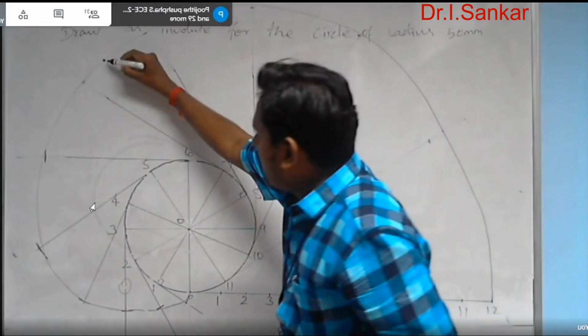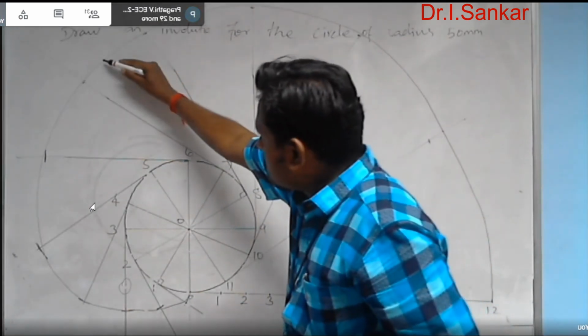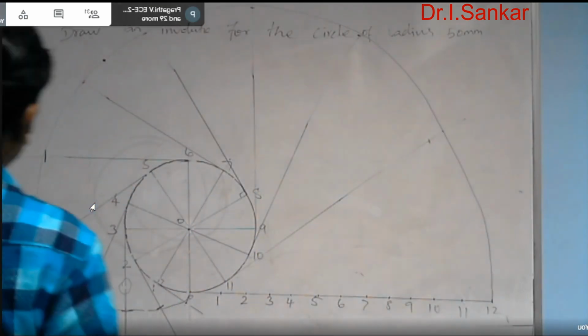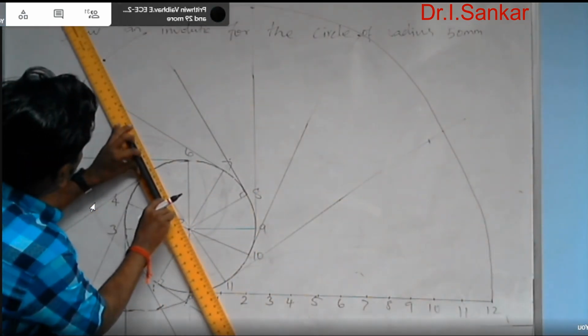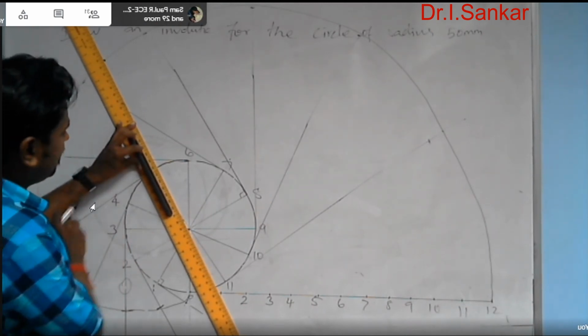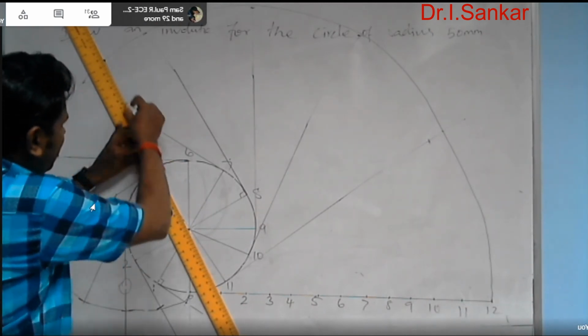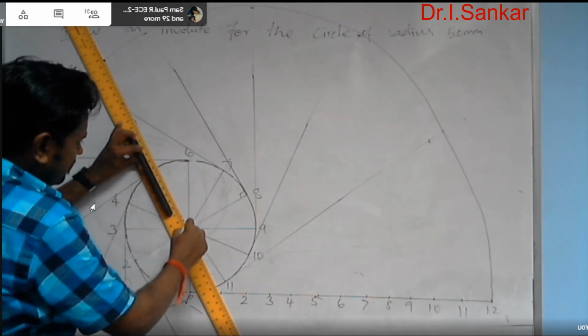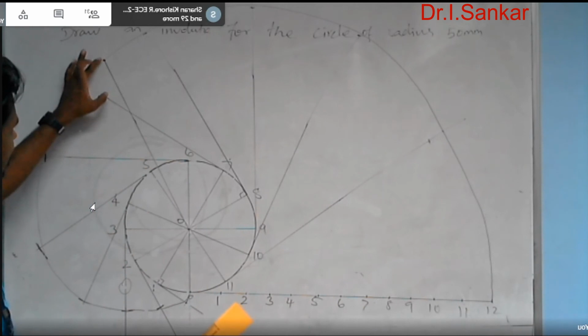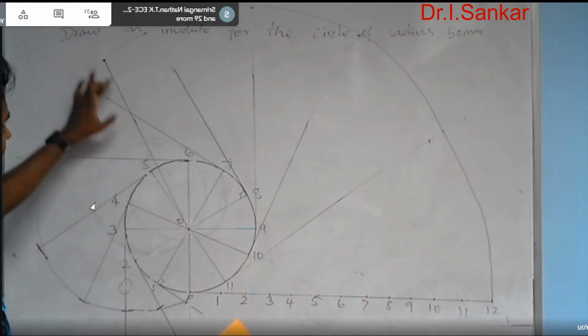First, mark the point and then connect this point and the center of the circle by using scale. Connect that point for which we need to draw the tangent and normal with the center of the circle. I just connected. And now measure the length of this connecting line.